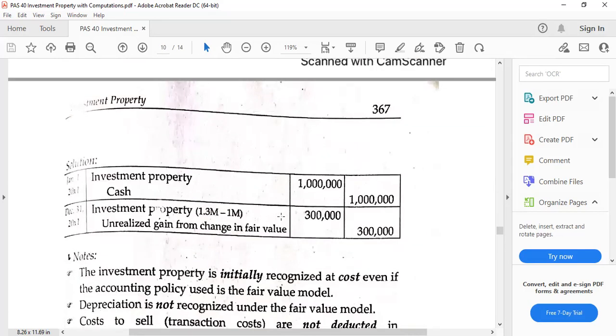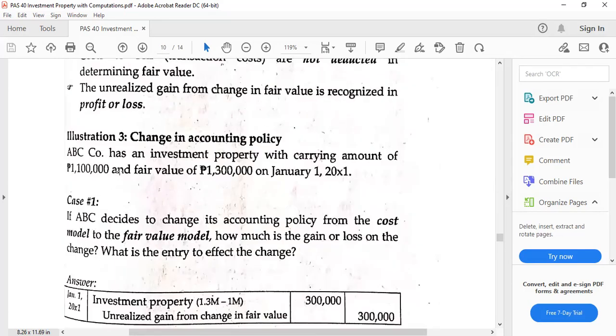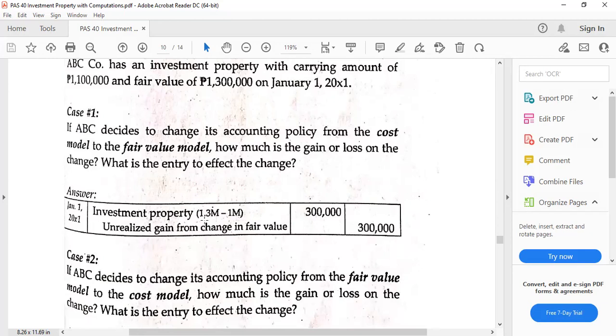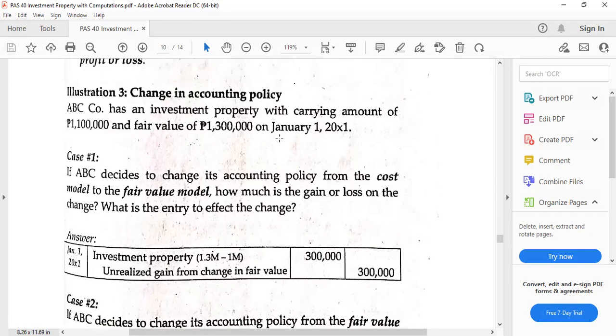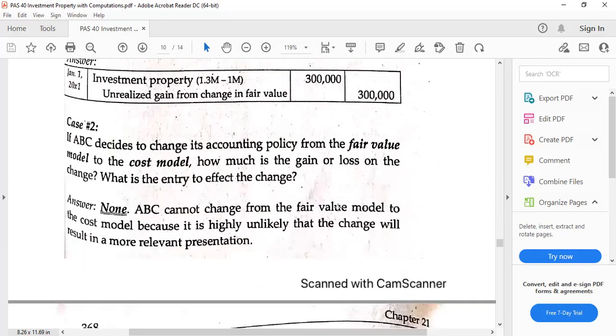Let's say this is 1,100,000, and using the same formula for computing depreciation, straight line with salvage value of 100,000 and useful life of 10 years, so that would be 1 million. So that's why it's 1.3 M minus 1 million, 300,000. But I guess this is independent, so it should be 200,000.